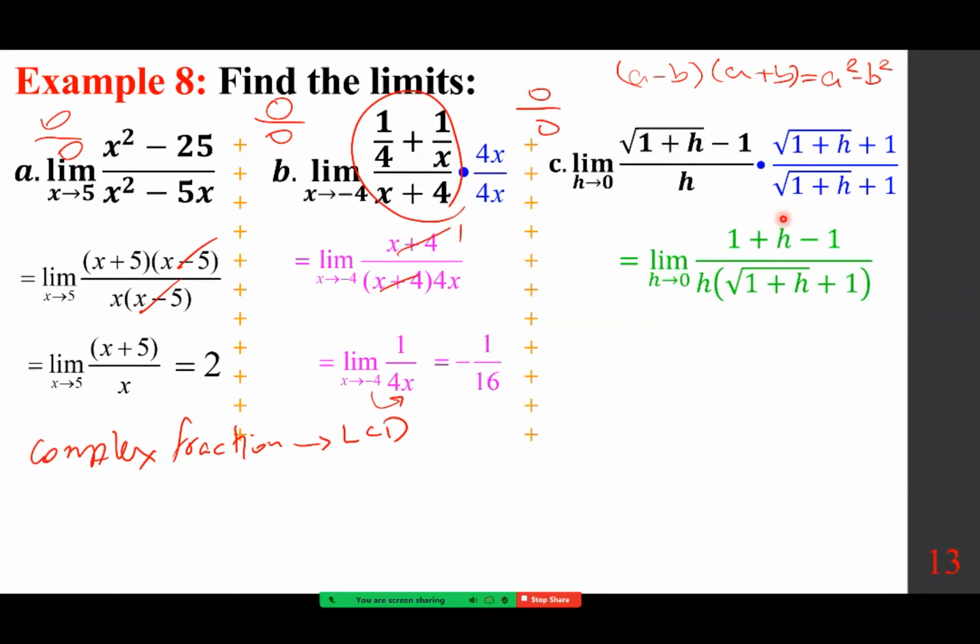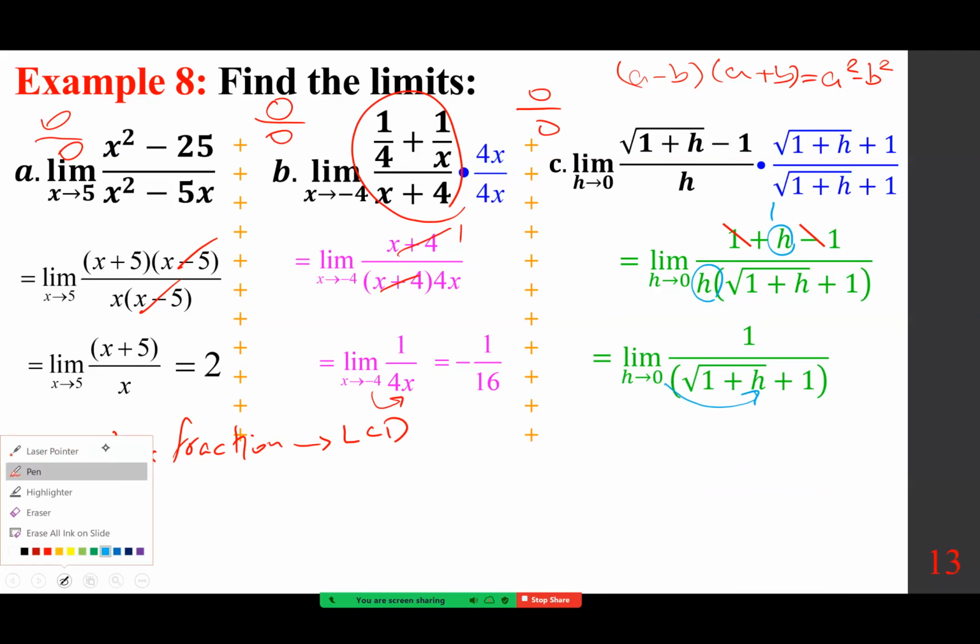These two cancel each other. The numerator is 1. If you plug in 0, the square root of 1, this is 1, this is 1, so the bottom is 2. 1/2 is the final answer.